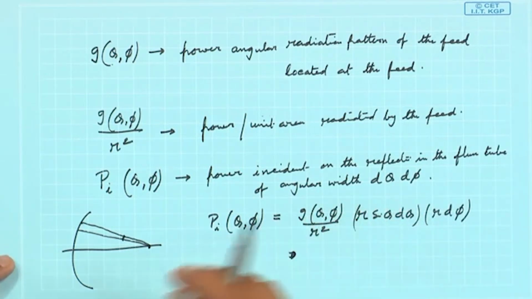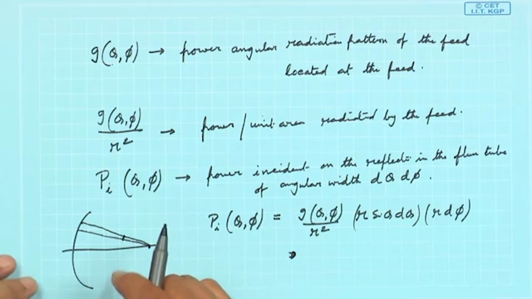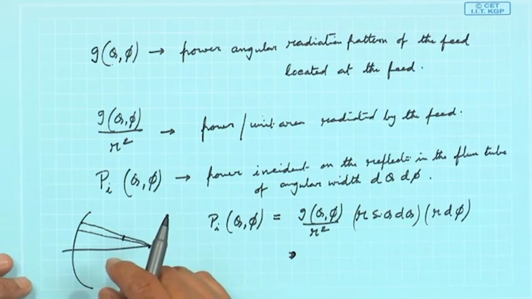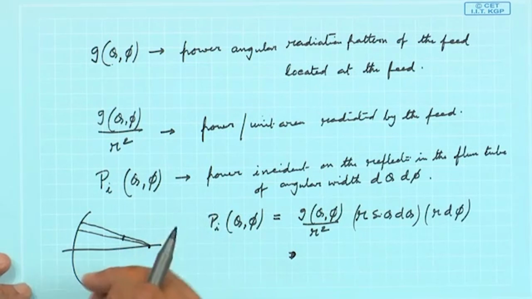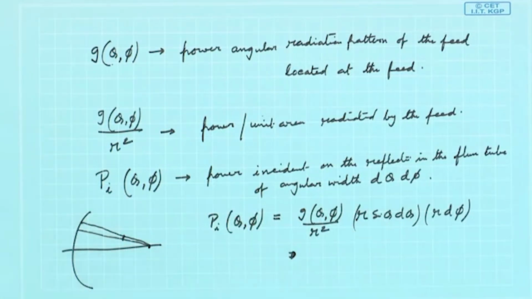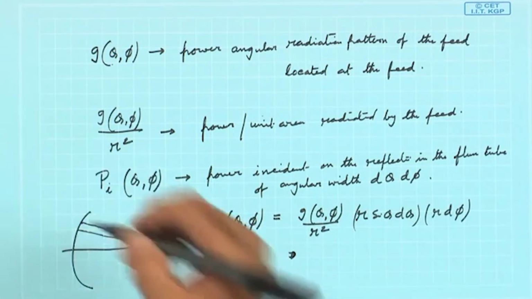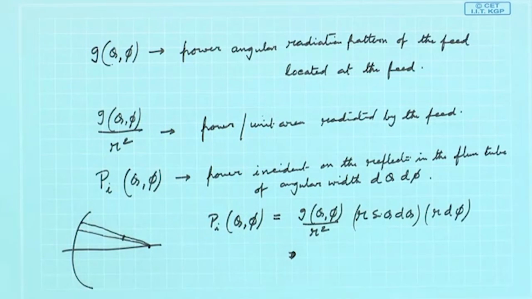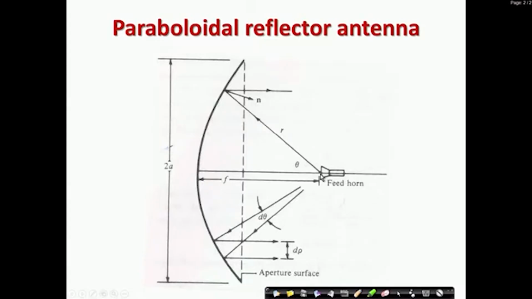Now, this same power, from the law of optics, must appear in the reflected flux tube. So, suppose for this d theta d phi, this power has gone here, this is the incident tube.